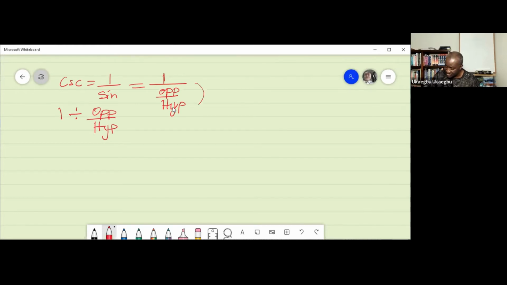Now you apply the principle of keep, change, flip, KCF. We keep the first one, which is 1, we change the sign to multiplication, and we flip the other one, hypotenuse over opposite.